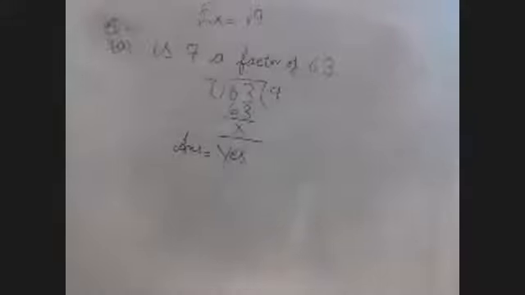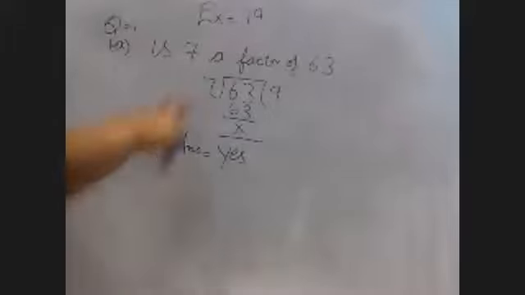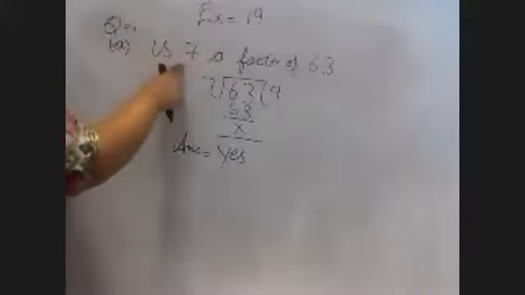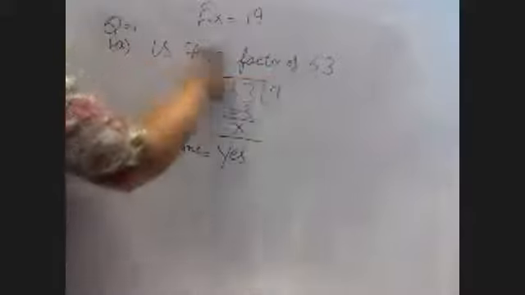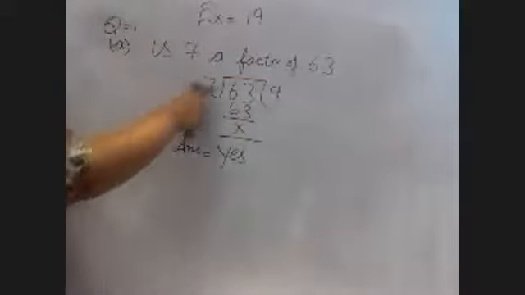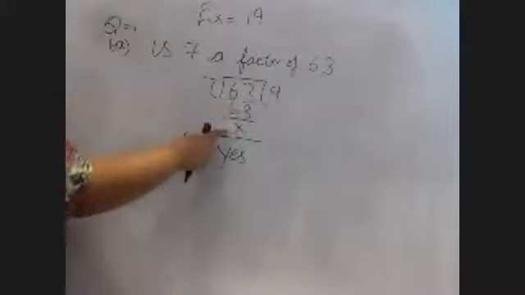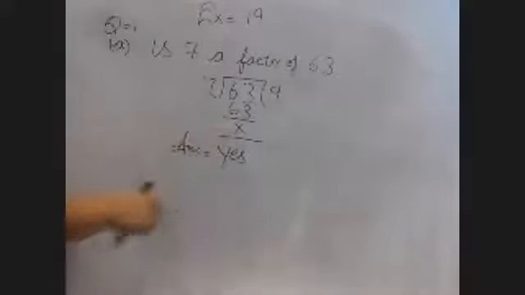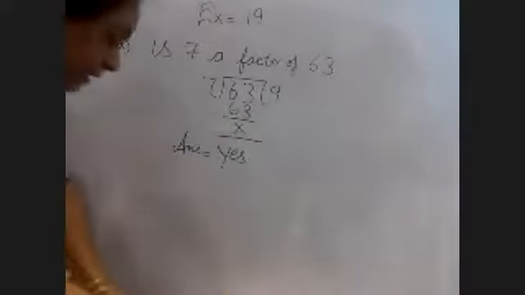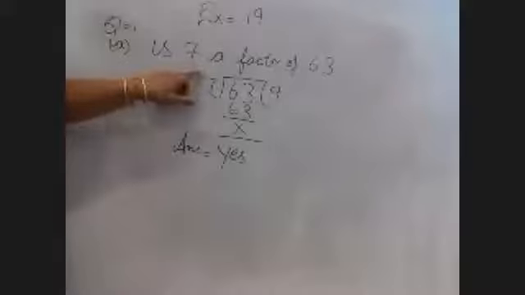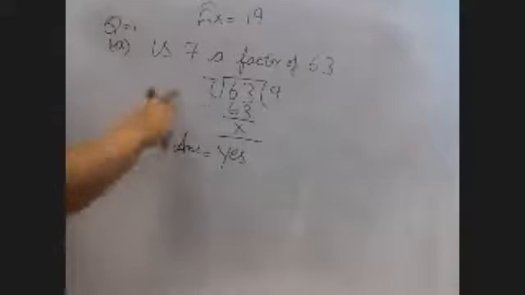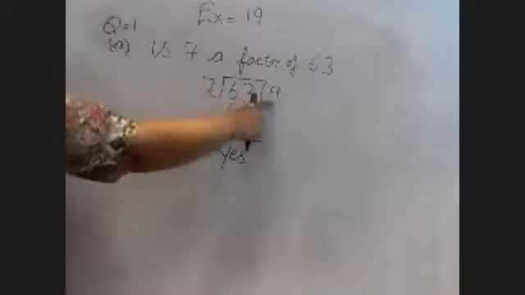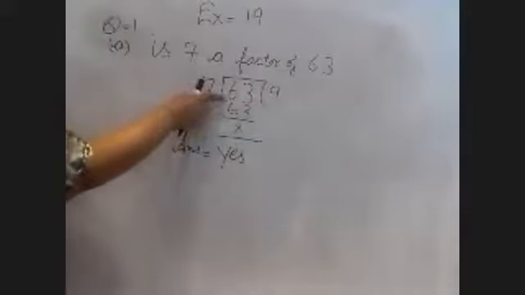We are finding whether 7 is a factor of 63, so simply we will divide 63 by 7. 7 nines are 63 and our remainder is 0. If any number is fully divisible by another number, then we can say 7 and 9 are factors of 63.